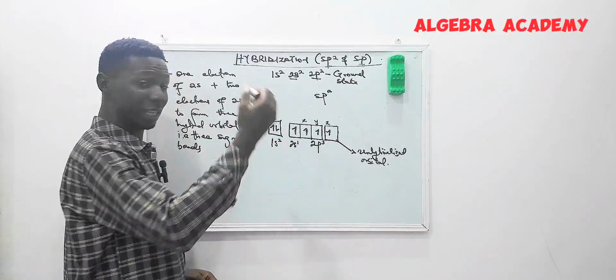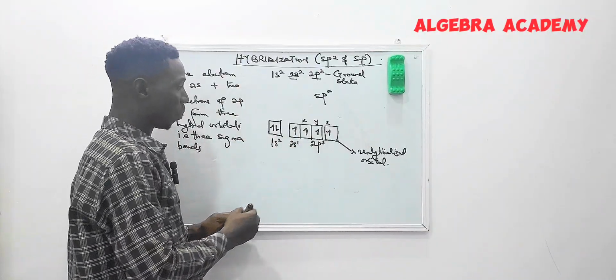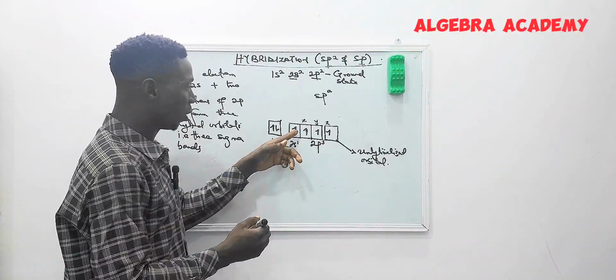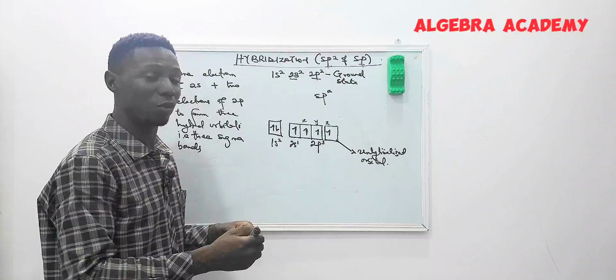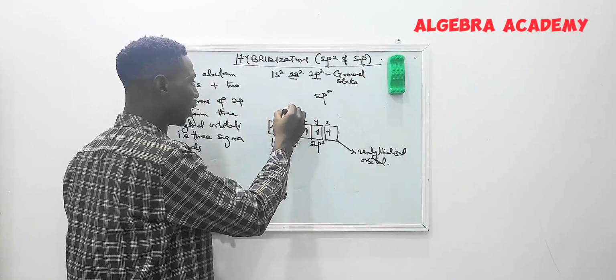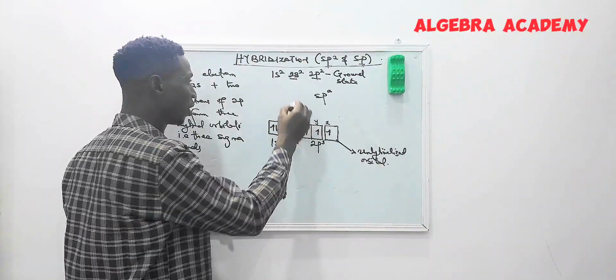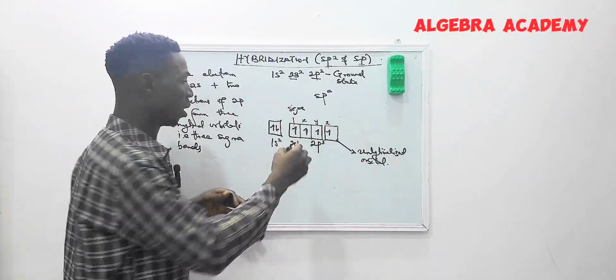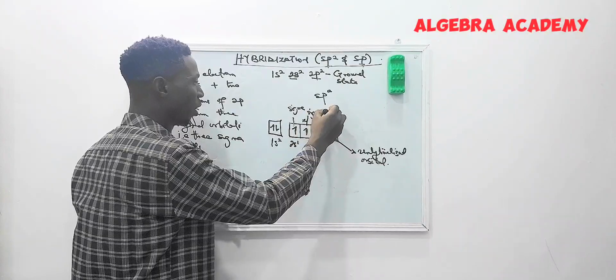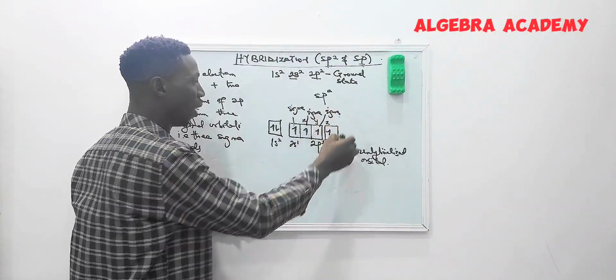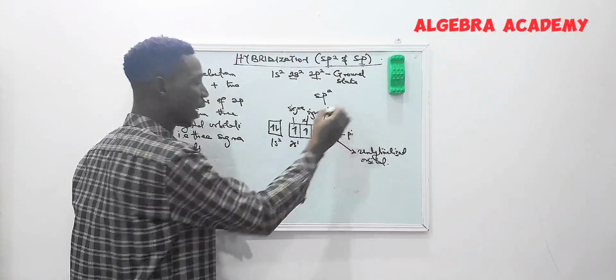Like I said earlier, the orbitals that participate in hybridization, that is 1, 2, and 3, will all form sigma bonds. We have one sigma here, but this time it is sp2 sigma. We have another sigma, and another sigma here, while the unhybridized orbital forms pi.